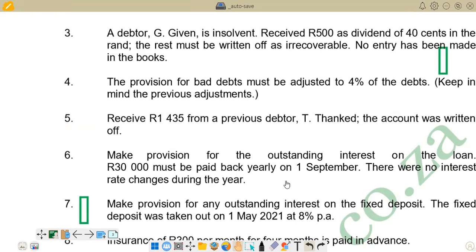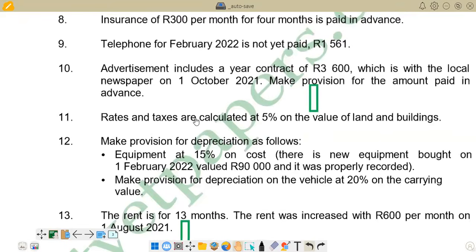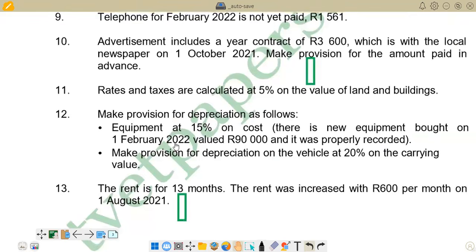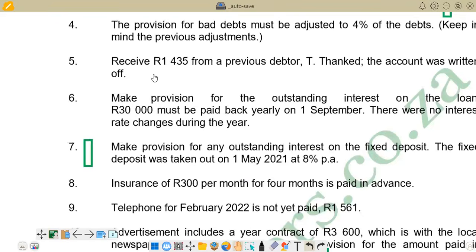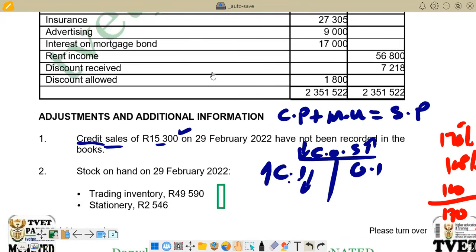Go up to the end. You see we are not seeing anything that is affecting discount received. So in that case, you just take the figure that we have in the list of balances. So the figure that we have for discount received is 7,218.